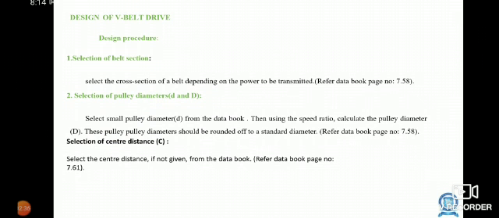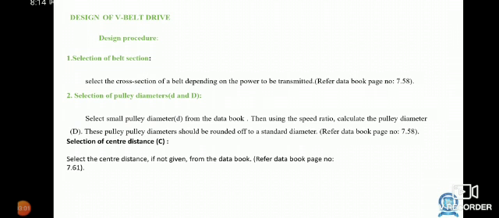Design of V-belt drives. Design procedure. First step, selection of the belt section. Select the cross section of the belt depending upon the power to be transmitted, referring to page number 7.58. Step 2, selection of the pulley diameters, small d and capital D. Select the small pulley diameter d from the data book.